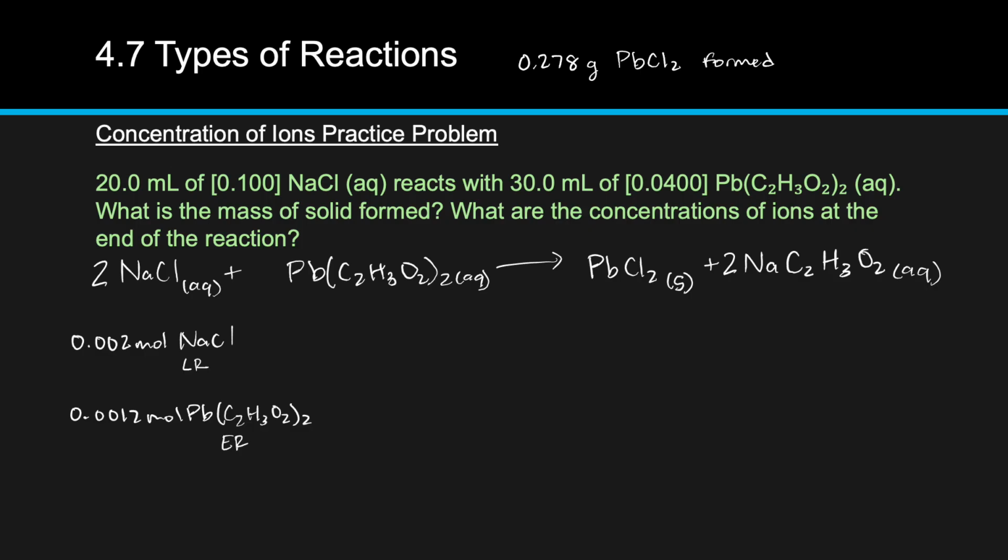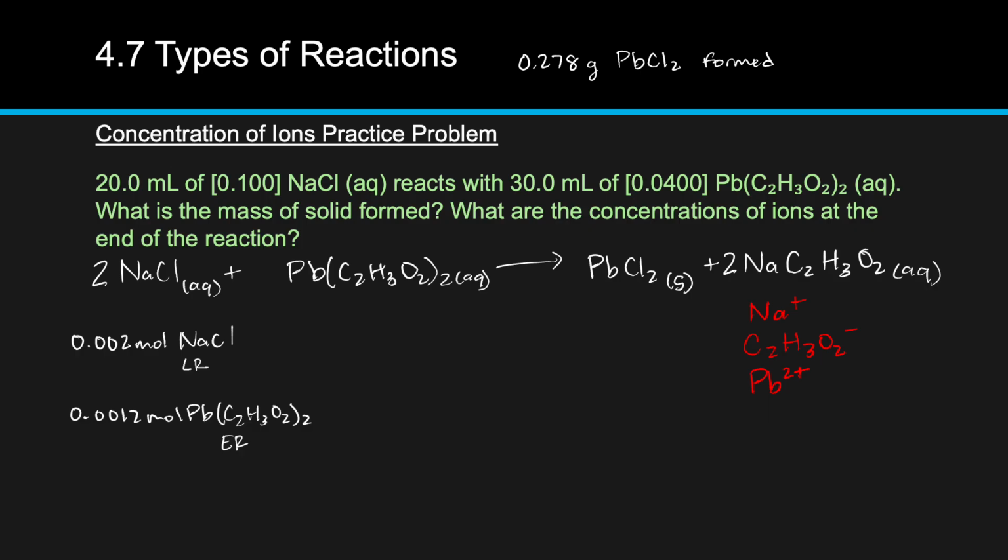I'm going to have Na plus, I'm going to have acetate or C2H3O2 minus. Those are our 2 spectator ions. And I'm also going to have leftover Pb2 plus ions because those are my excess ions after our PbCl2 was made.